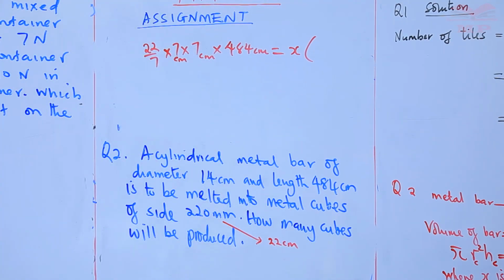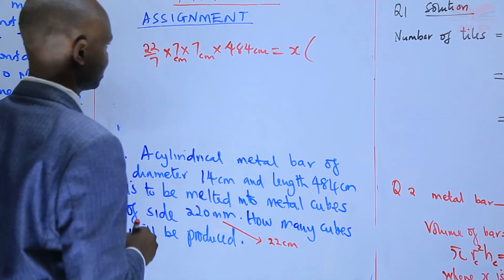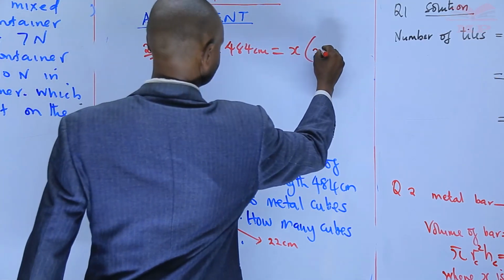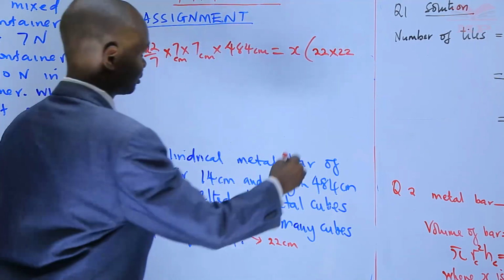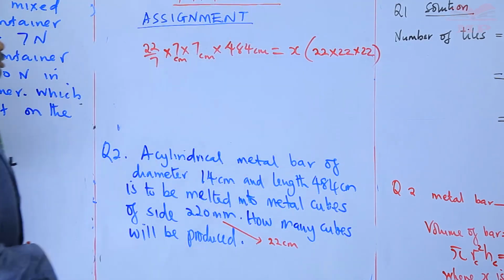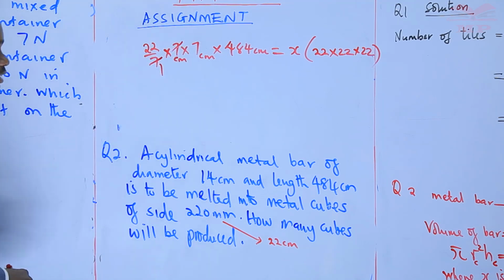So X times 22 times 22 times 22. So we want to find X, where X is the number of cubes. So 7 will cancel 7.